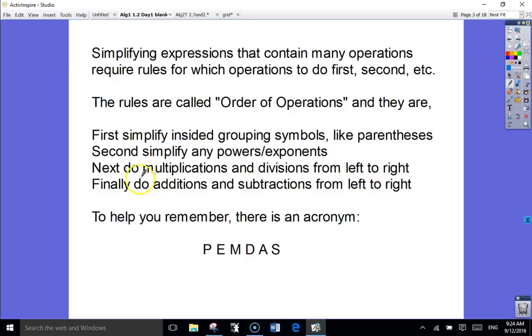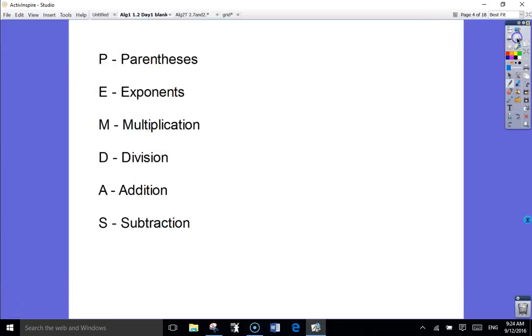Here's what you need to remember. P for parentheses, but we know it means all grouping symbols. E for exponents, M multiplication, D for division, A for addition, and S for subtraction.